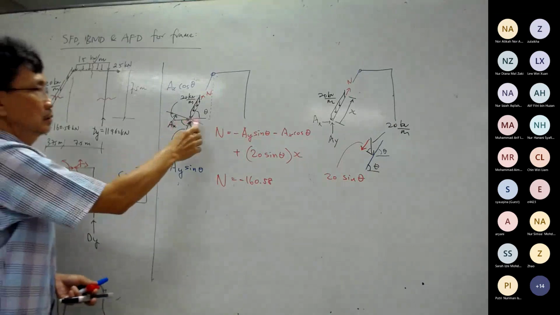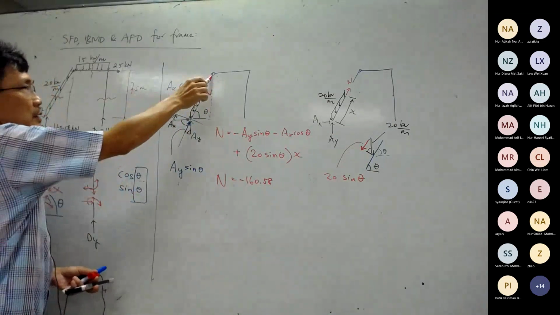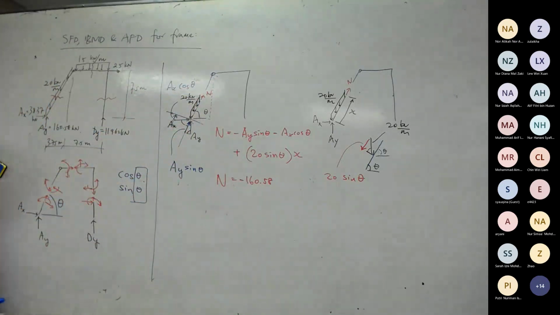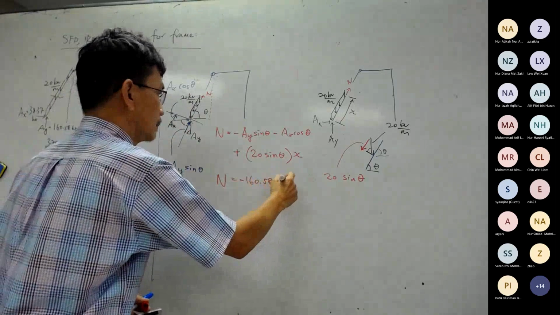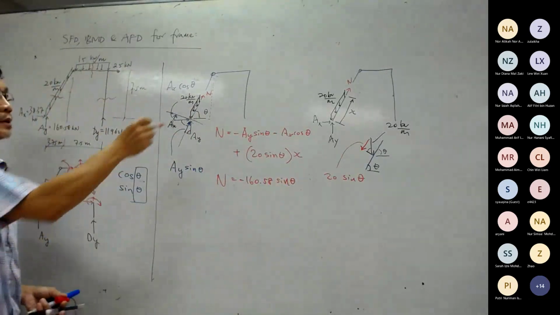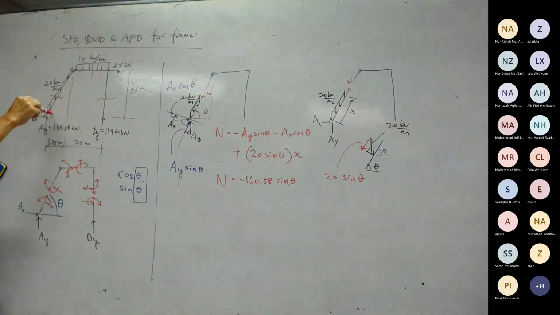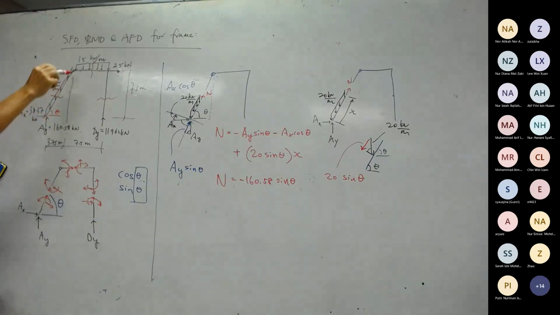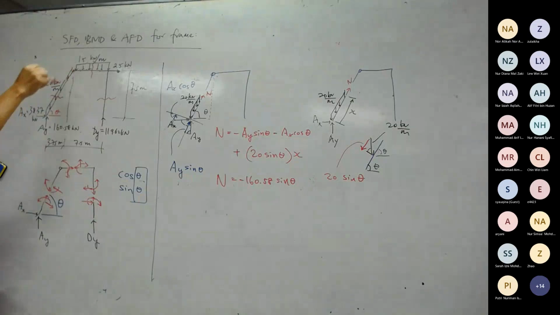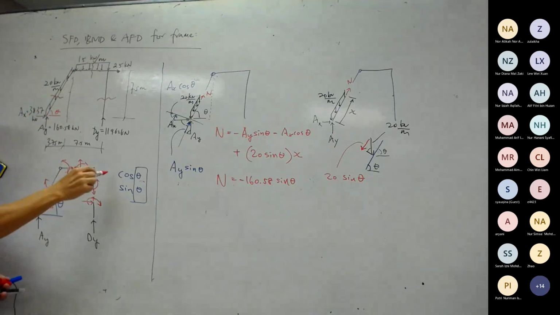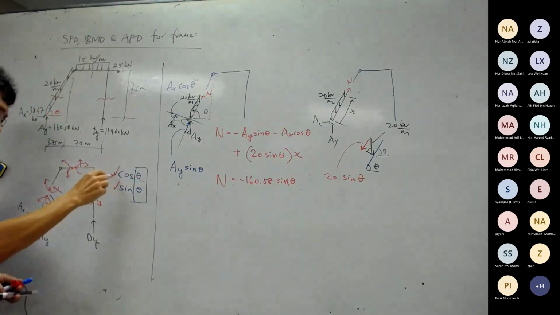So sine theta will be this height here, which is 7.5, divided by that length. Sine theta, make use of this diagram here. If this is theta, then sine theta will be this height, 7.5, divided by this length here. You get sine theta. Then cos theta will be this length, 3.75, divided by this length, you get cos theta. So what we need is not the angle itself, but the sine and cosine.